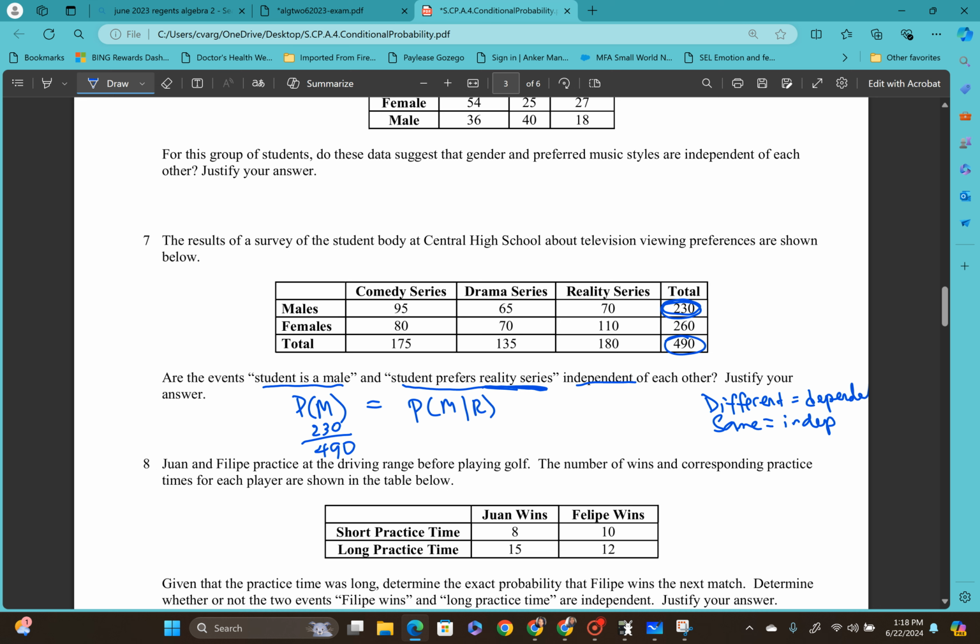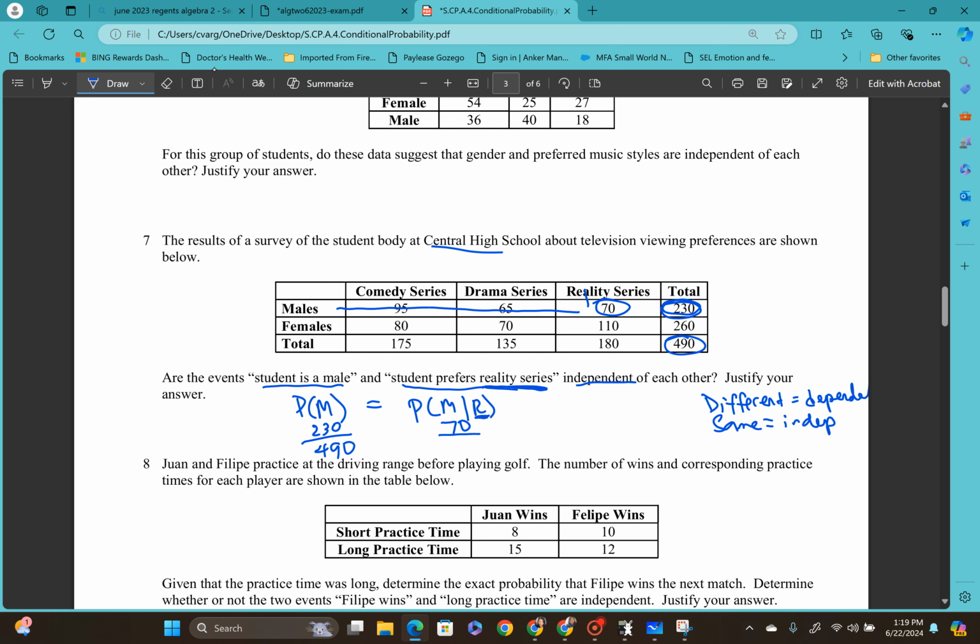Okay, in this scenario, Central High School. Cool. Now we want to see the probability of males given that they watch reality series. So that is males and reality series, which is 70. So this is going to be 70 out of, and we want males given reality series, so the R is on the bottom.